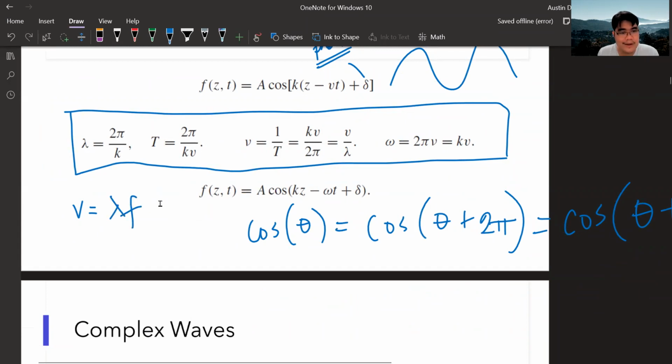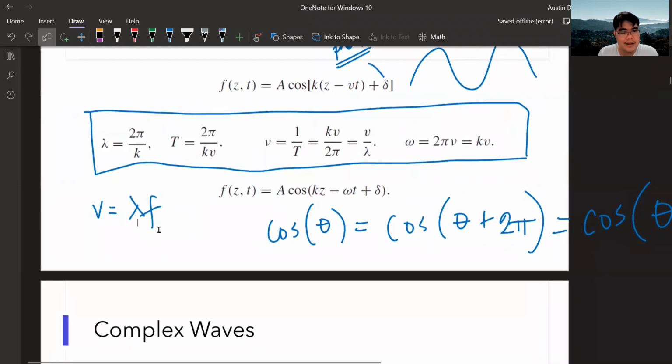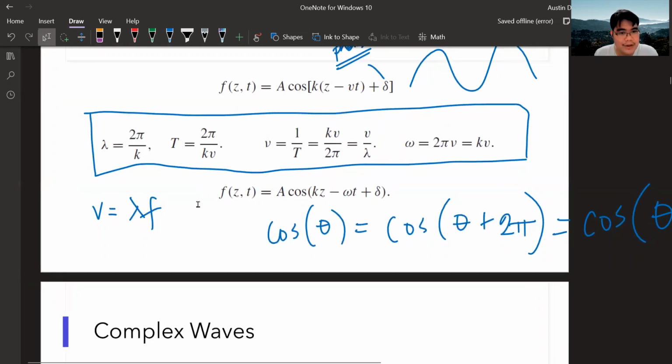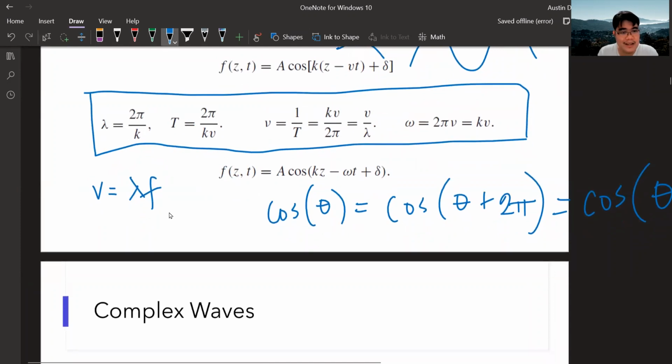Yung f mo ay frequency, pero papalitan mo siya ngayon ng, sorry. Tama. v is equal to lambda f. Then you want it to be, yung f mo ay 1 over T.